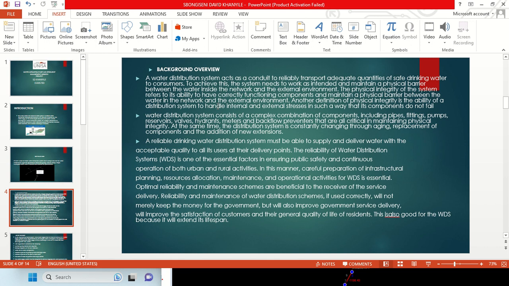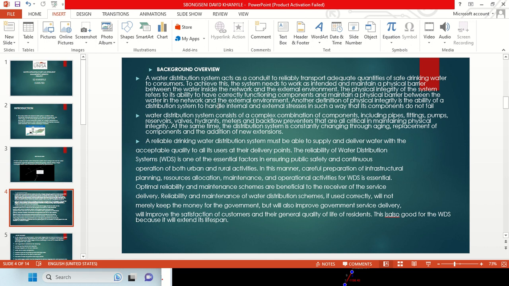If used correctly, they will save the government money, so it will not overspend on maintaining the infrastructure in terms of fixing and maintaining every month, and will also make sure that the water is being delivered in a quality manner.